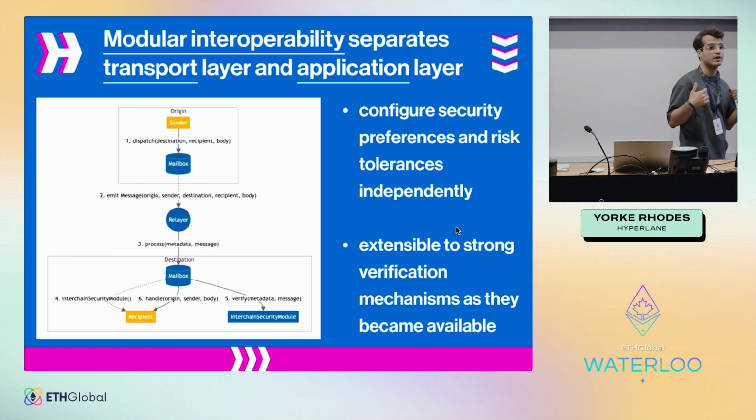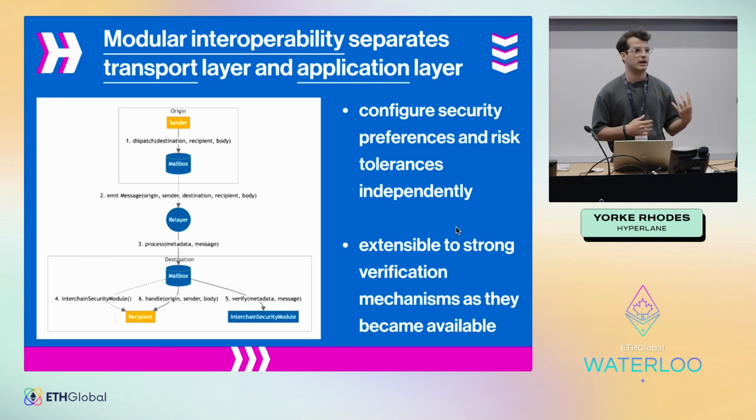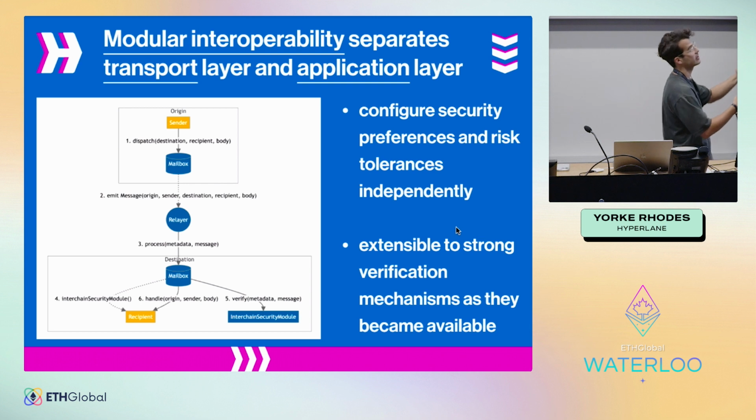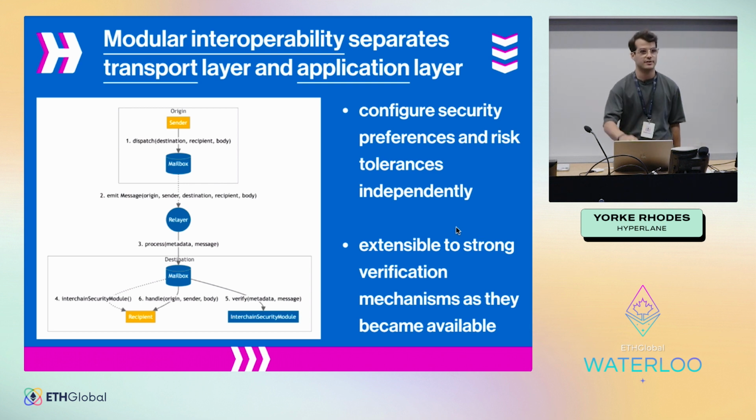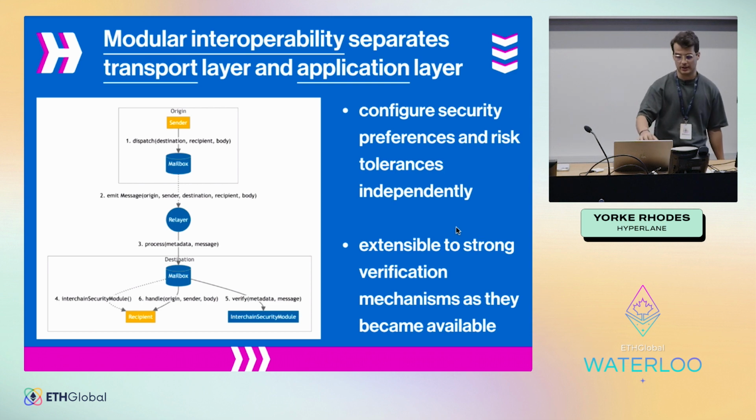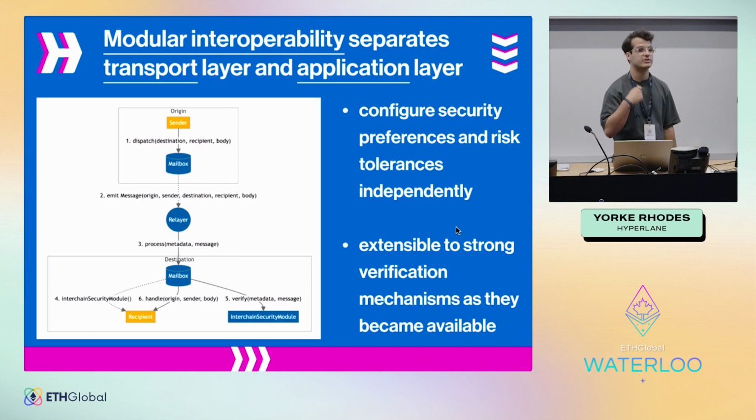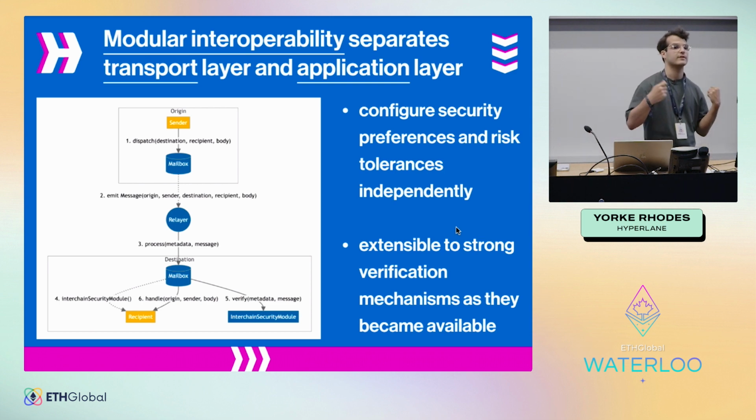For example, our default security mode for a lot of pathways is this economic security mode, where we have a set of validators who are staking on the origin chain, and they're producing attestations of messages being sent from that chain. As a recipient of messages from that chain, you can say, I want to leverage this economic security, which gives you a discrete cost to attack the system.